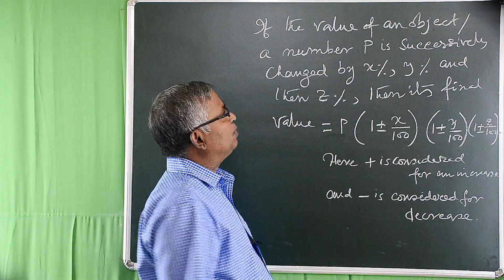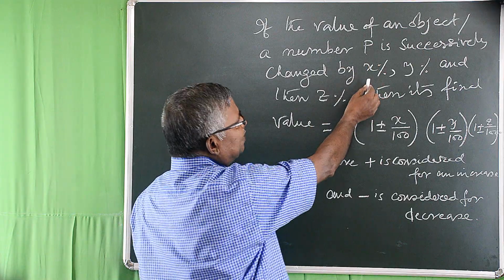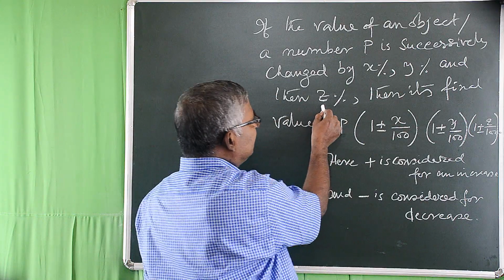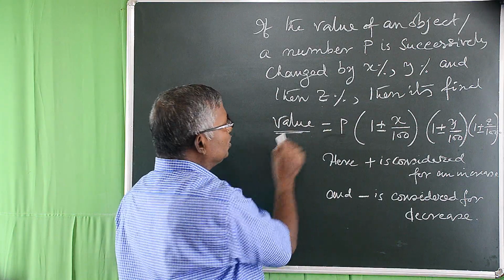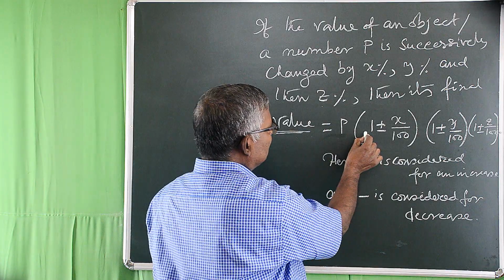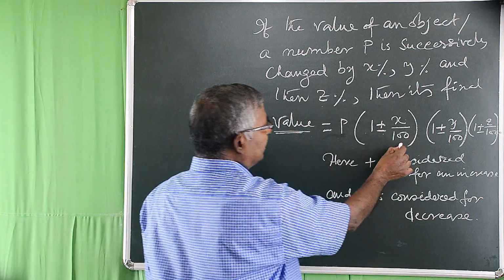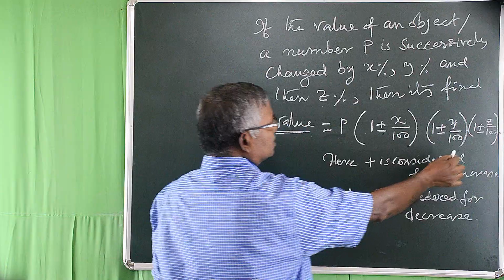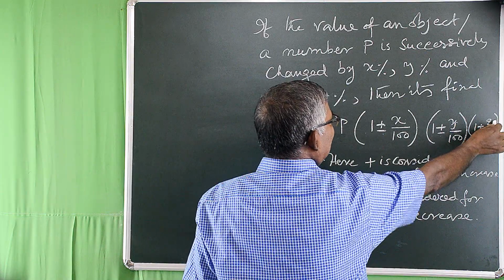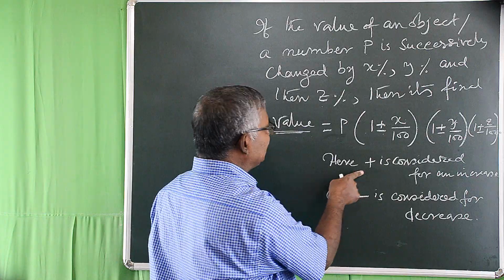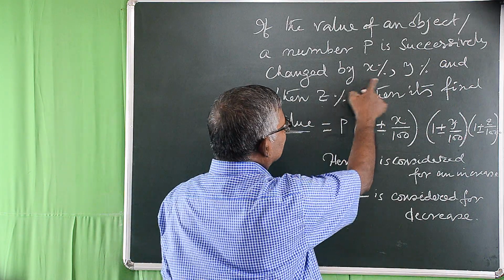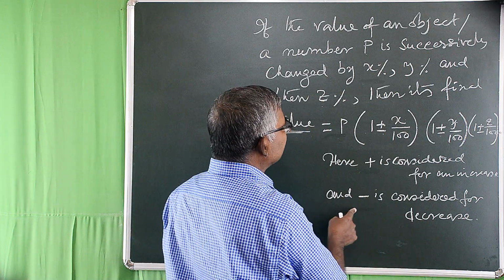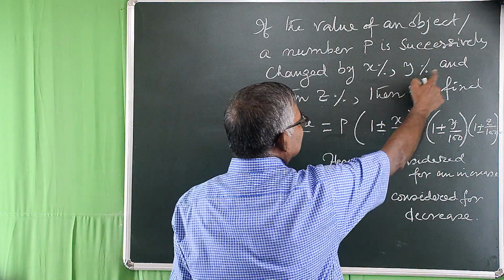Students, let a number p is successively increased by x%, y% and then z%. Then its final value equal to p into 1 plus or minus x by 100 into 1 plus or minus y by 100 into 1 plus or minus z by 100. Here positive sign means percentage of increase, that is x% increase, and negative sign is considered when it is decreased by x%, y% and z% respectively.